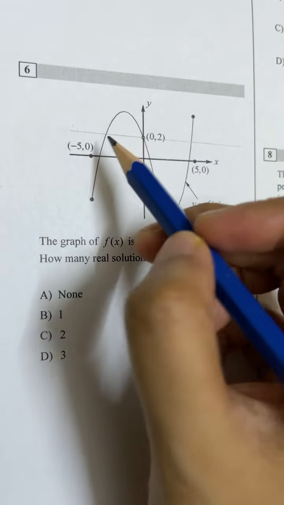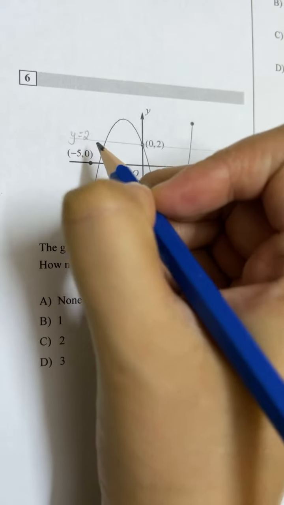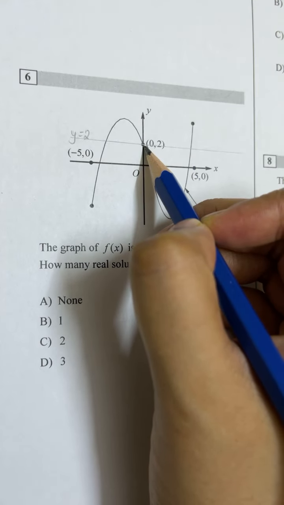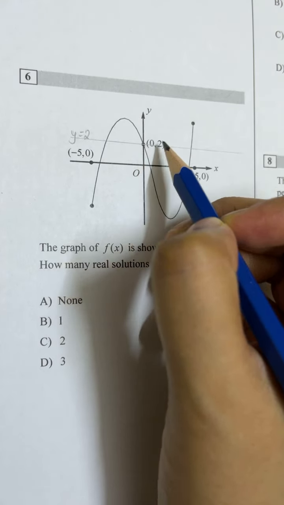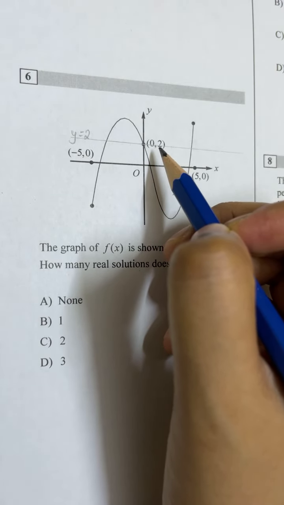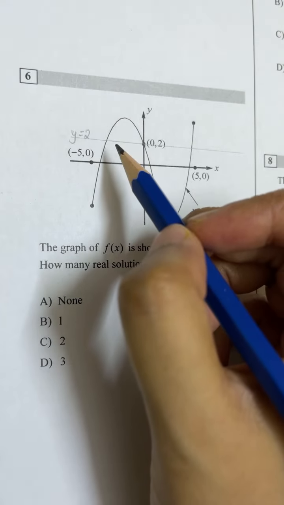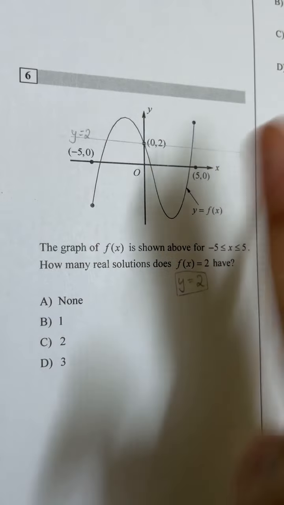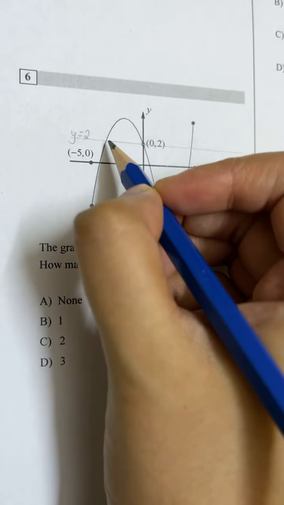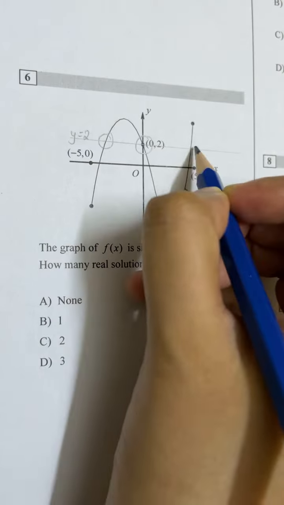The graph of y is equal to 2 is this horizontal line, so I'm going to write that this line is y is equal to 2 and it contains the point 0 comma 2 already. So f of x intersects 3 times. It has 3 solutions, the points of intersection between the line and the curve: 1, 2 and 3.